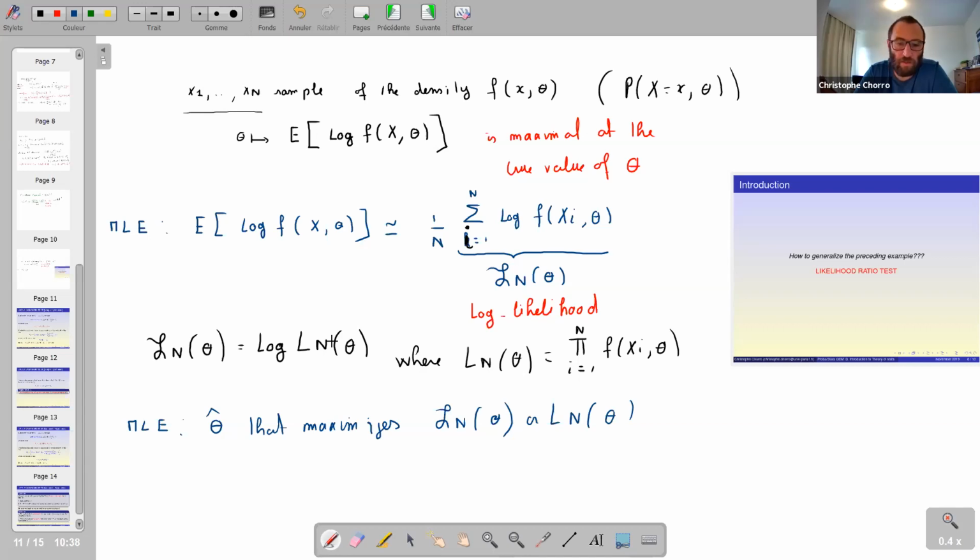So in some sense, up to this classical approximation of an expectation by a sample mean, at the true parameter the likelihood or the log likelihood is maximal.